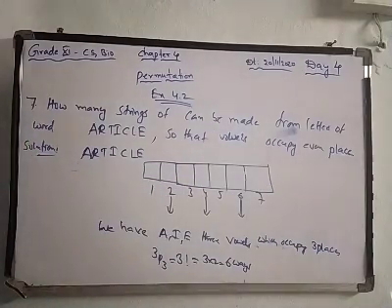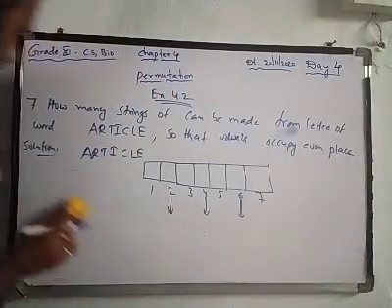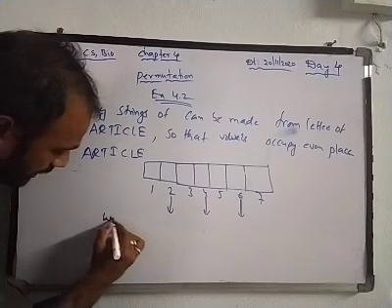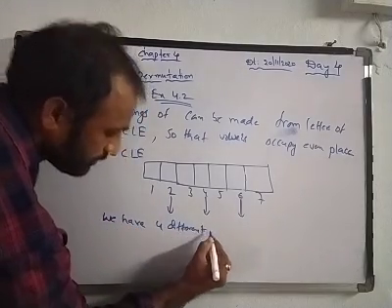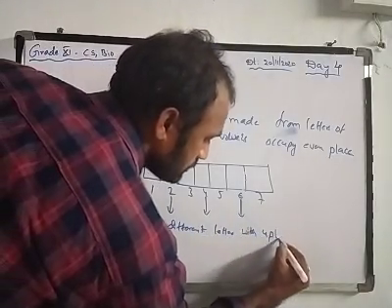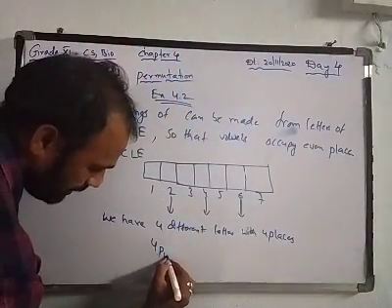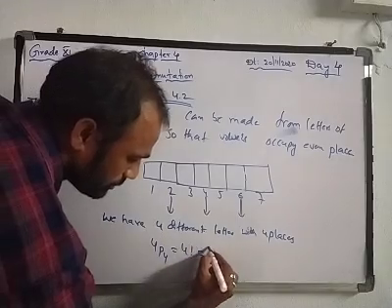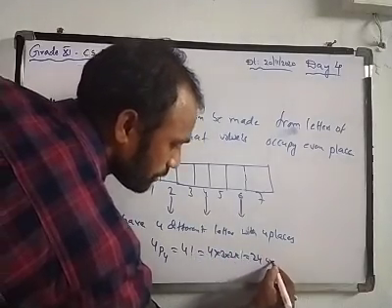The remaining 4 letters will occupy the 4 different places. So since we are having 4 different letters with 4 places, the formula will be nPn, that is 4P4, 4 factorial. So 4 into 3 into 2 into 1, that is 24 ways.